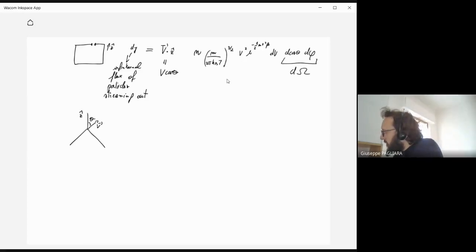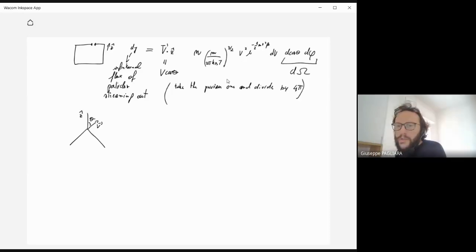So basically what I have done is take the previous expression that I just wrote and divide by 4 pi, because I'm not integrating over the solid angle. In order to eliminate this integration over the solid angle, because now we cannot integrate over the whole solid angle.